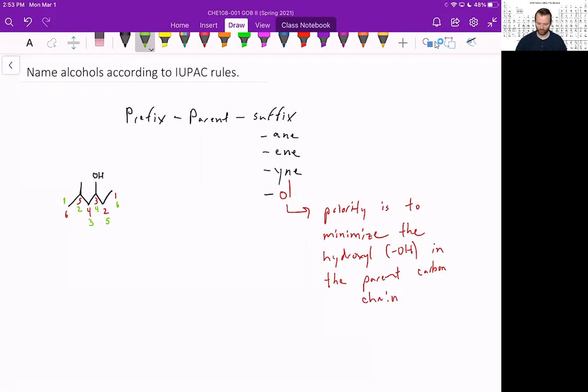The proper way to number it is in red because 3 is less than 4. 6, hexa, is still the prefix for hex. So the parent is 3-hexanol. Okay, that OL ending says you've got an alcohol, and the 3 is needed to tell you where the hydroxyl group, the OH group, is.